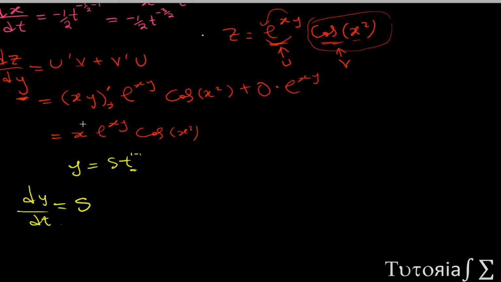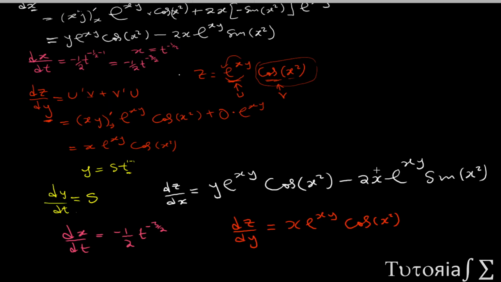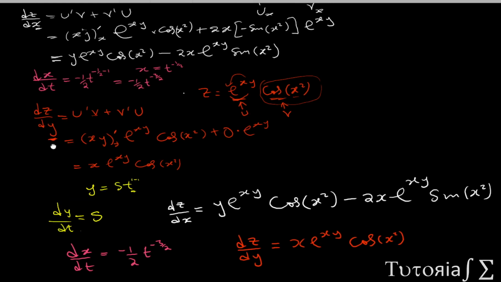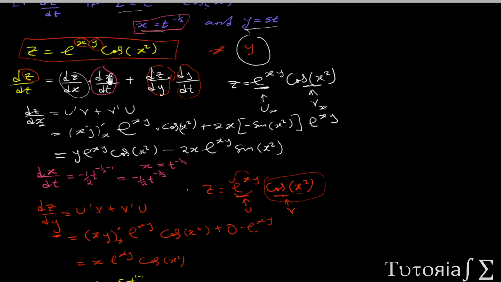So now we have the derivatives. Let me just write them here. All right, so I have our 4 derivatives here: dz dx, which is that. We have dy dt, which is s, dx dt, which is that, dz dy, which is that. And now we should just get the formula, which is this chain rule that we made here.